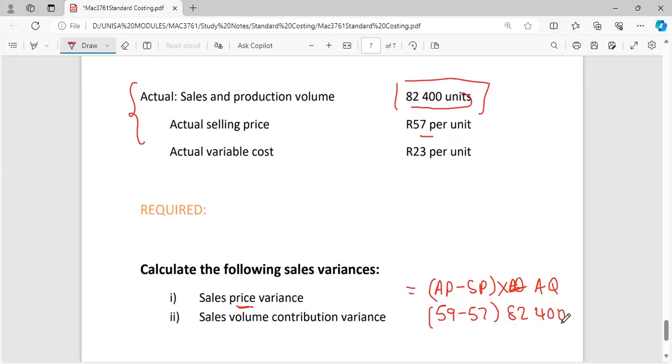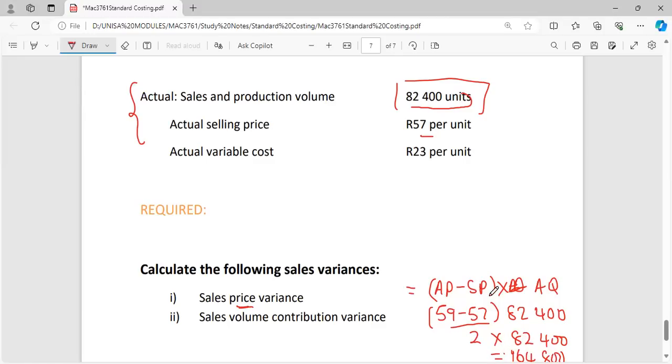These are the actual. So here, these are the prices, the standard price and the actual price. So the difference is going to be 2 Rand times 82,400. How much are we going to have all in all? 164,800. Am I right? Just multiply by 2 everywhere here.